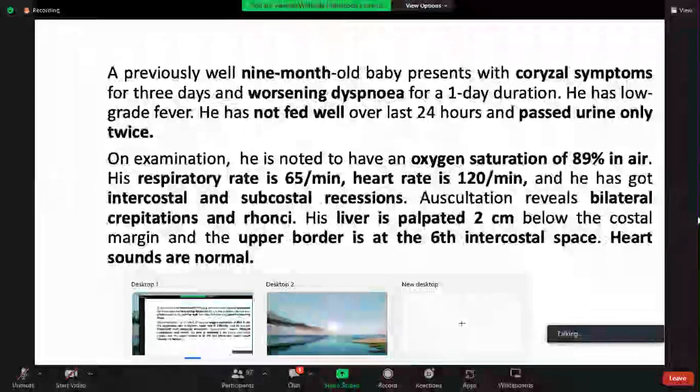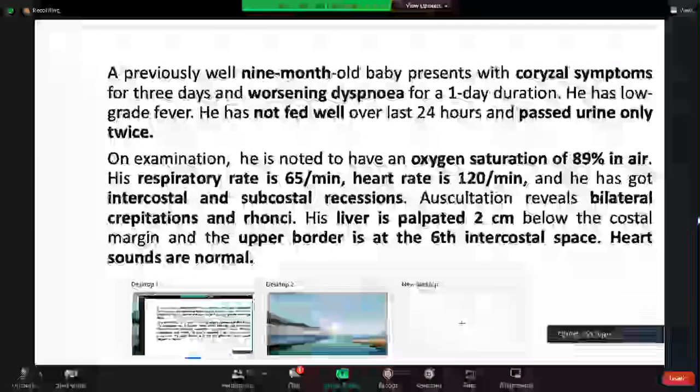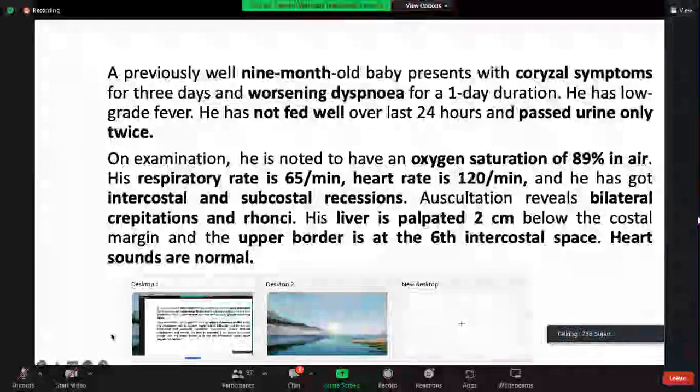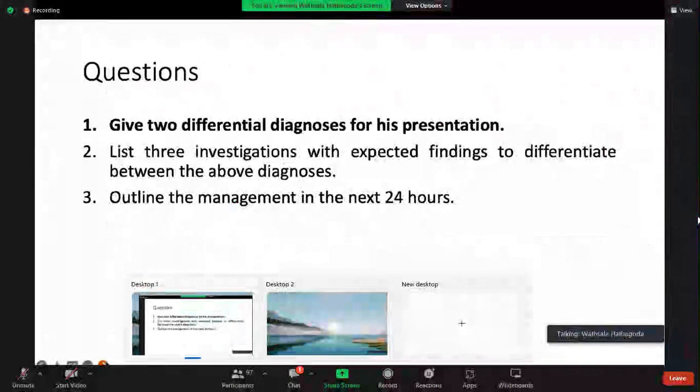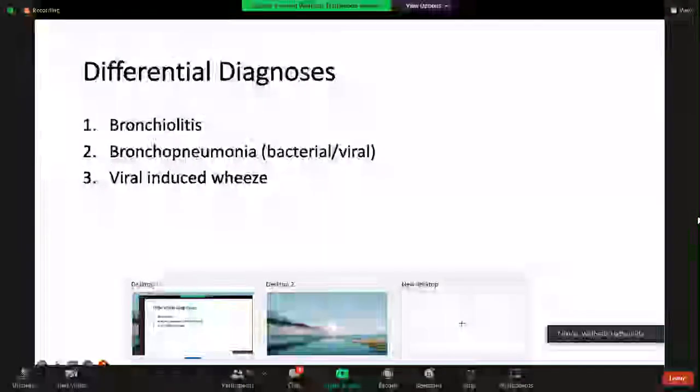Have you heard of a condition called viral induced wheeze? Yes, madam, viral induced wheeze. Yes, it could be that. Those could be taken as the differentials, right? As someone mentioned, it's bronchiolitis because everything started with coryzal symptoms and then there's worsening of dyspnea.